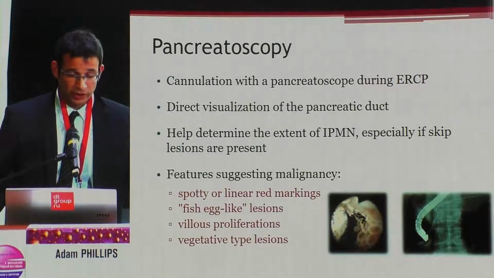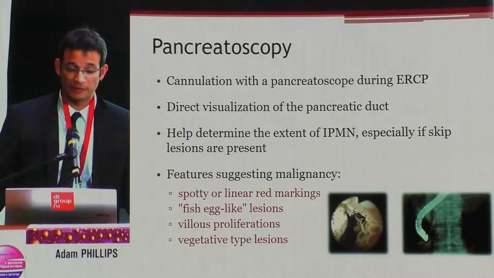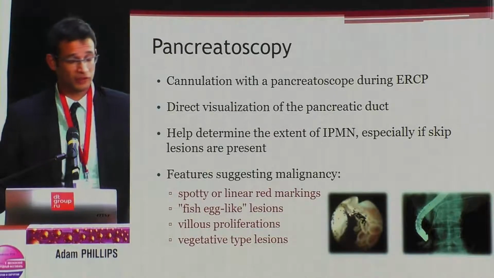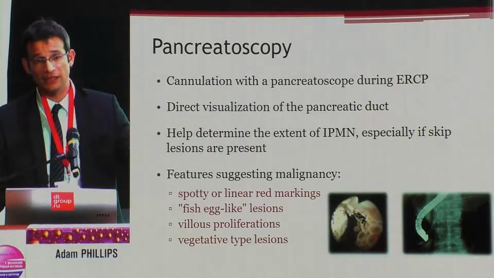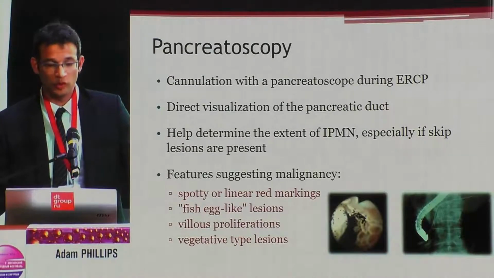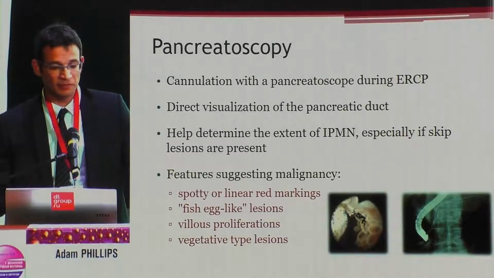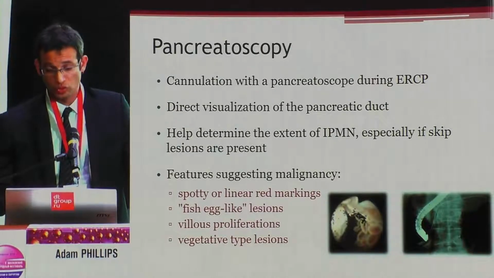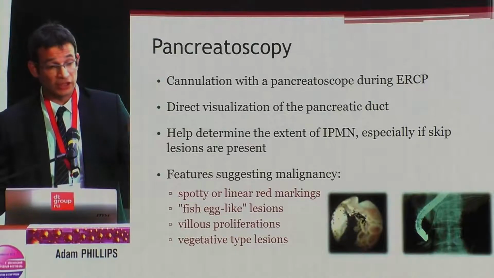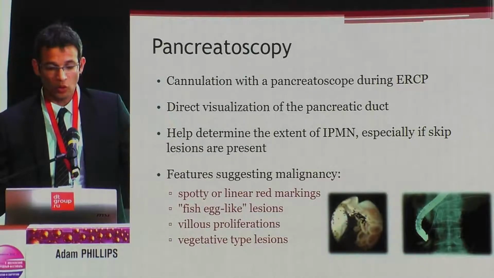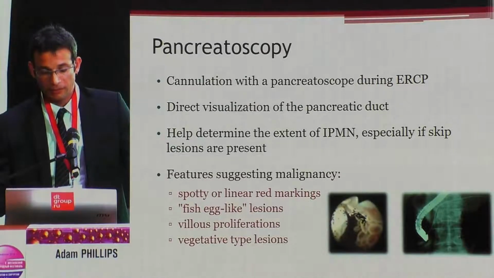As we have done here with the SpyGlass system for the CBD, we can use SpyGlass for the pancreas. We have a dilated main pancreatic duct. We can go inside with a SpyGlass system, and we can see the main pancreatic duct from inside. It helps to see the involvement of the cyst all the way to the main pancreatic duct.